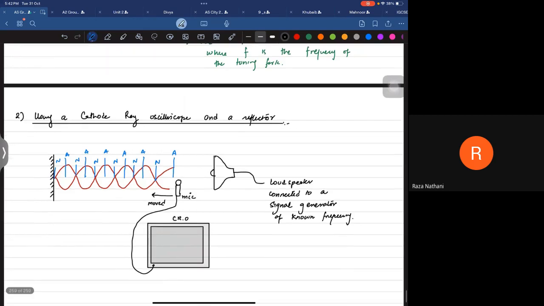The moment it passes this point A, the CRO is going to show you the maximum amplitude, because the CRO shows how much energy is there.